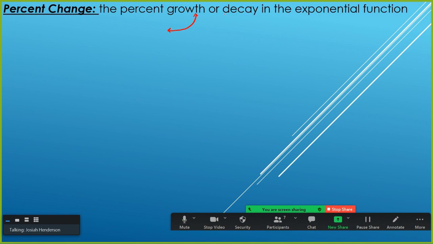Those are the kind we started with. Decay are the reverse of that, where it starts off high, but it then decreases. It kind of gets flat going forward. We need to figure out what is the percent in any of our given problems, questions, that it's growing or decaying. We have a formula for this.